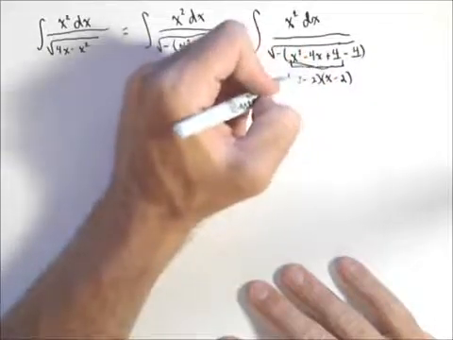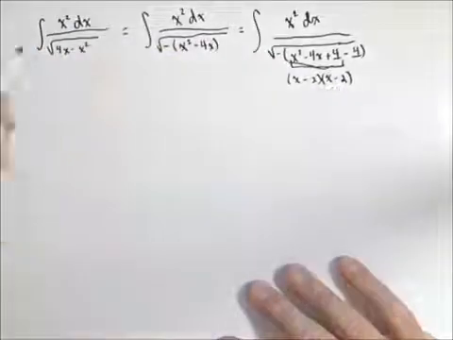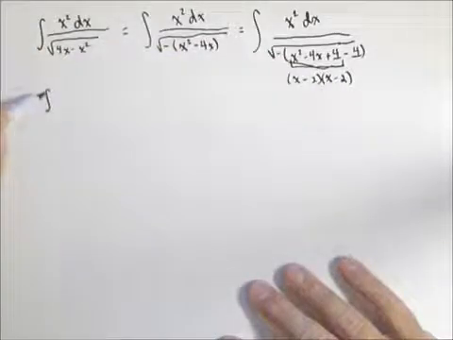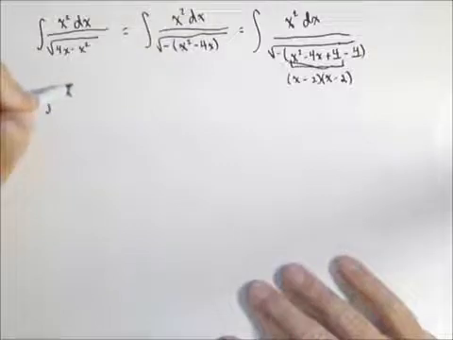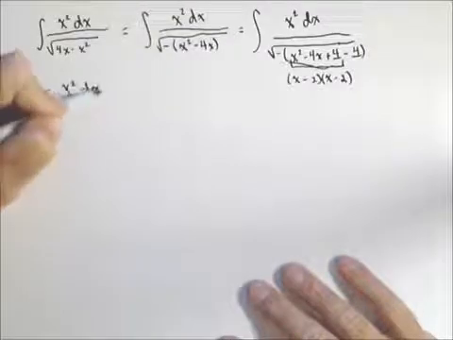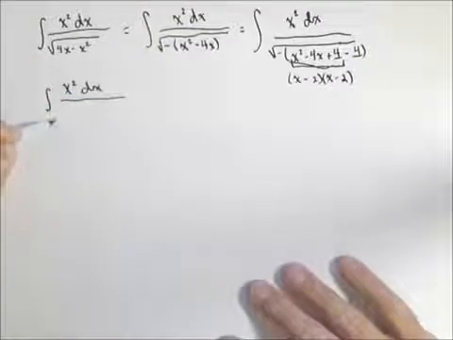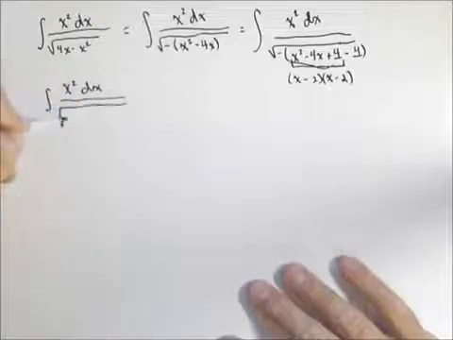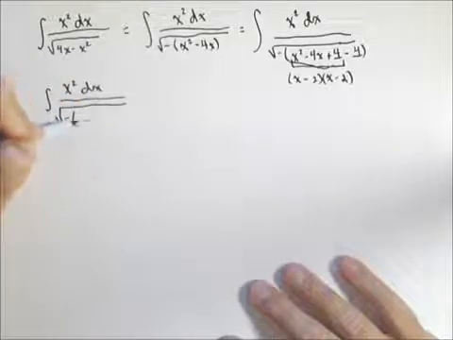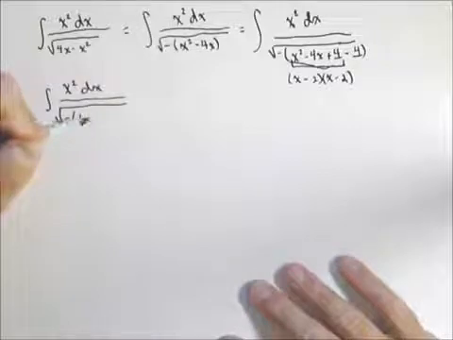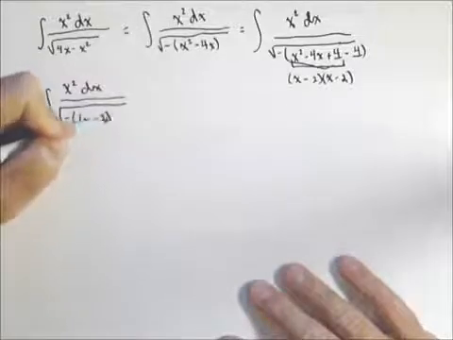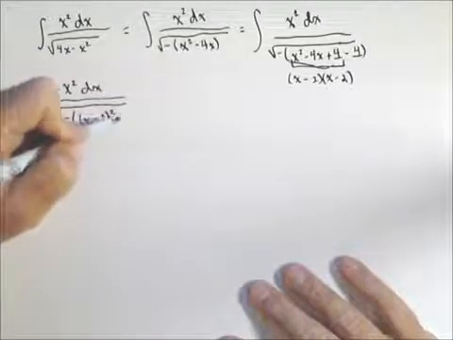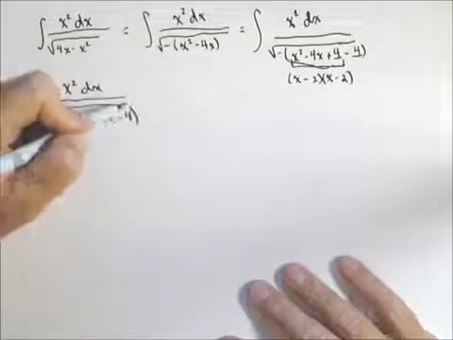And what it factors into is x minus 2, the quantity squared. So coming over here, we got x squared dx over the square root. We have the negative, we'll deal with that in a second. Now that first part becomes x minus 2, the quantity squared, minus 4.